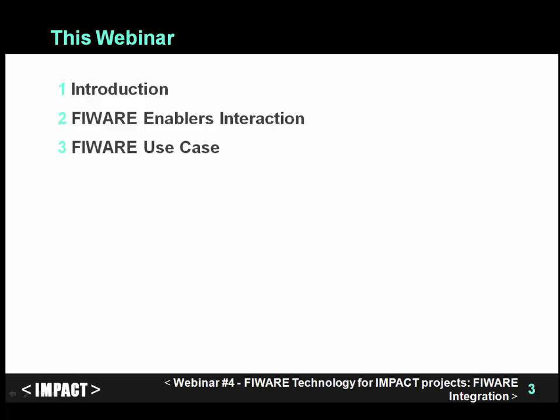This is a real project, by the way. It's live. Then we will finish with a deep look at the Orion context broker and specifically its interactions with other enablers to get you to see the power of this integration of the whole FIWARE ecosystem.